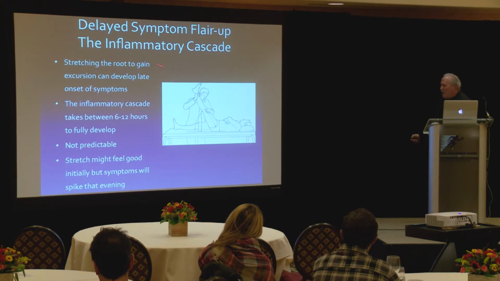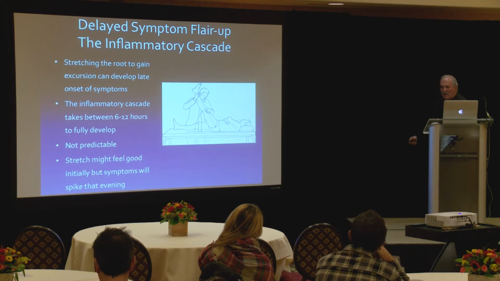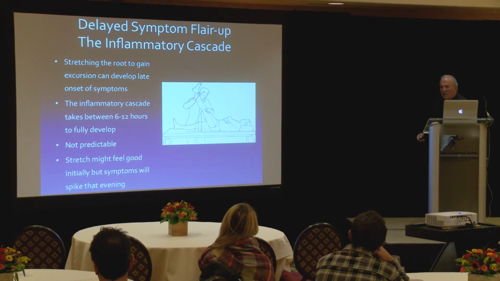So, what do you have to worry about? Well, if you push too hard, it's the delayed inflammatory cascade. So you stretch a nerve root and they say, God, that feels good, and you keep stretching it and stretching it. That night they're miserable and they hate your guts. What you've done is gone beyond the normal stretch, and now you have an inflammatory situation.